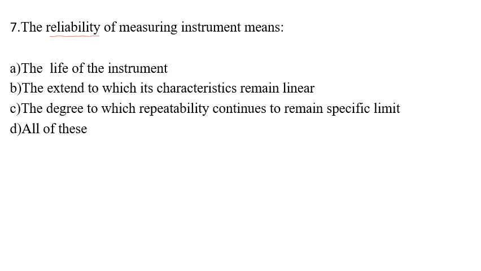Reliability means option C, the degree to which repeatability continues within a specific limit. Continuous repeatability shows the reliability of the measuring instrument. It does not mean the life of the instrument or the extent to which the characteristics remain linear. So the degree of repeatability is the answer.